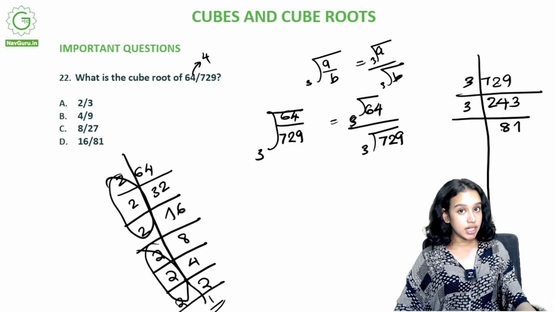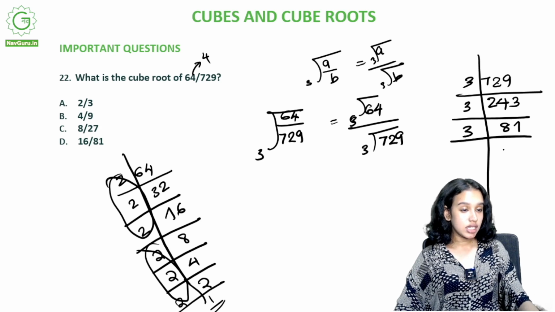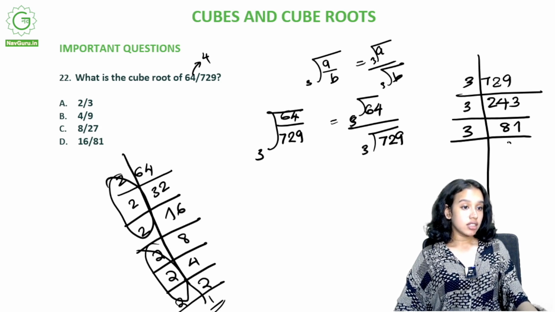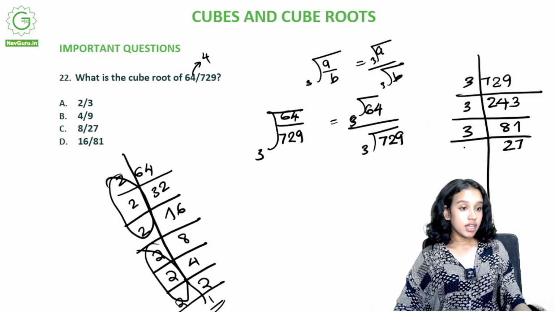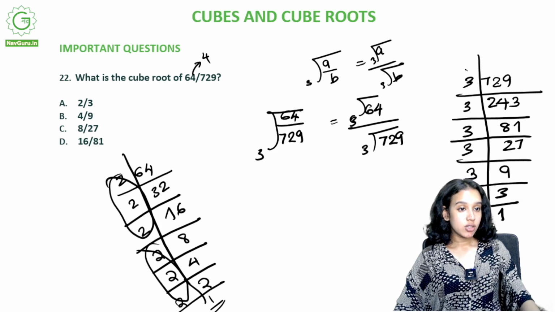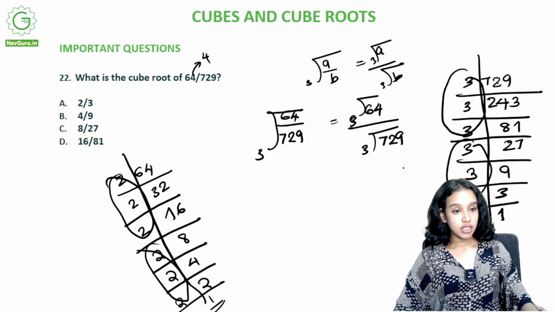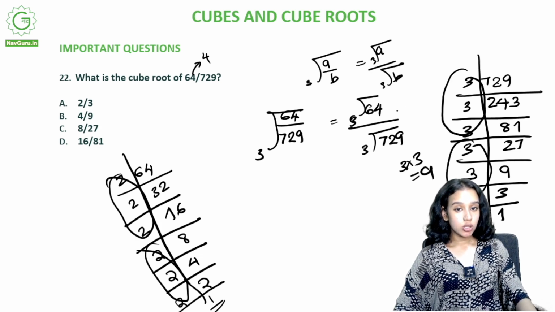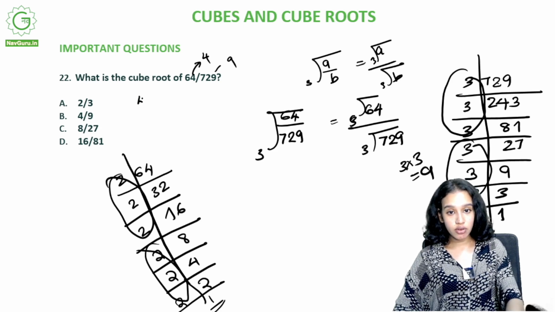Is this divisible by 9? Yes, it is. So, 3 times 27 is 81. Now, again 3, 9 threes are 27. Again by 3 we get 3. Again by 3 we get 1. So, we get 2 triplets of 3, which means it's 3 into 3, it's 9. So, the answer is 4 by 9.